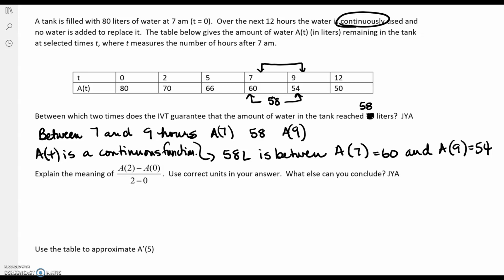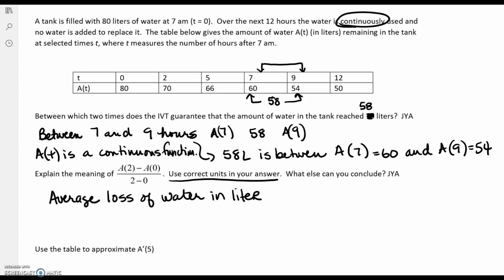So when I say A(2) minus A(0) over 2 minus 0, if we were connecting points, that would be the slope of the secant line. But I think it's safe to say that that is the average loss or decrease of water in liters. Notice this says use correct units in your answer. So don't just say of water, use the units of water.